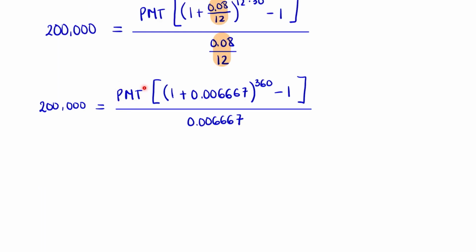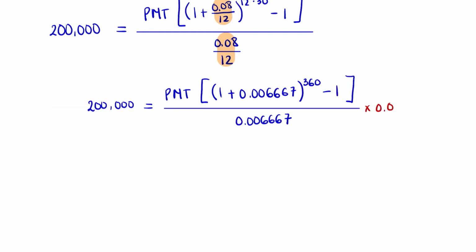I want to solve for PMT. That means I want to get rid of this bracket here. So the first thing I'm going to do is get rid of this number, 0.006667, by multiplying both sides by this number. I take 0.006667 times 200,000.